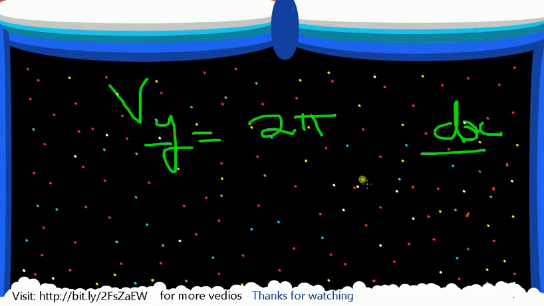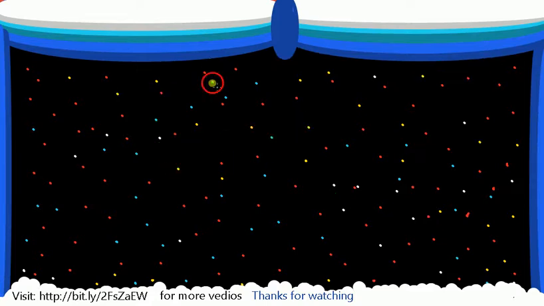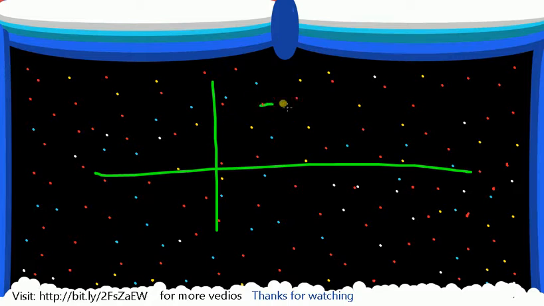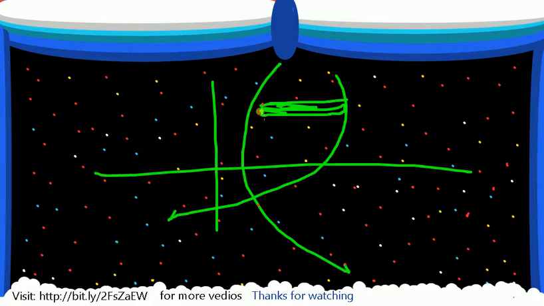You must check what they are saying, whether it's rotated about the x-axis or y-axis. Let's check this one as well. As you can see, you stripped it here, and the smallest part is in the y-axis.